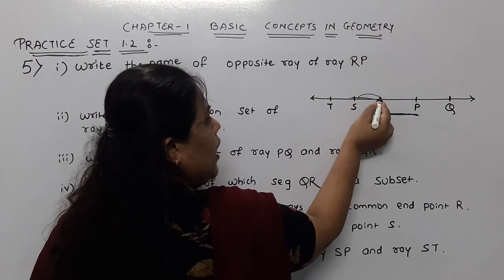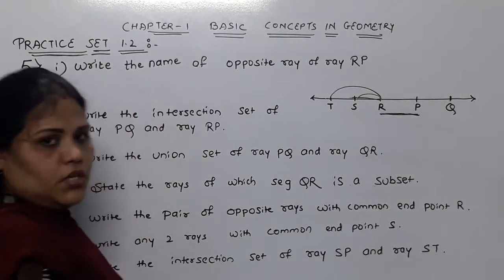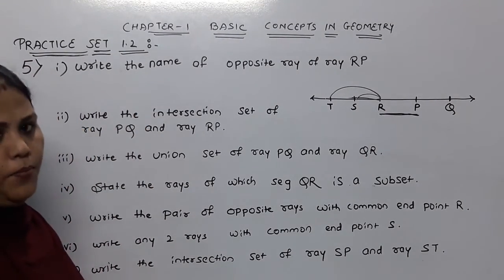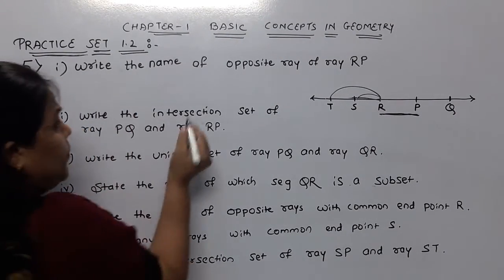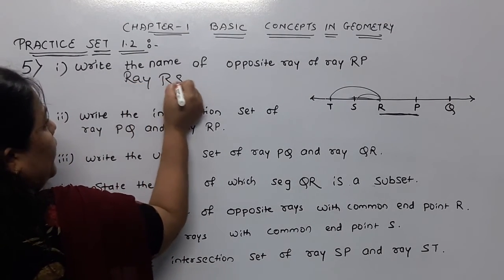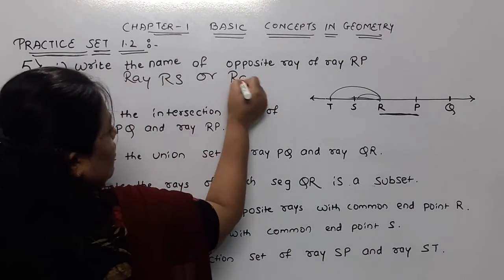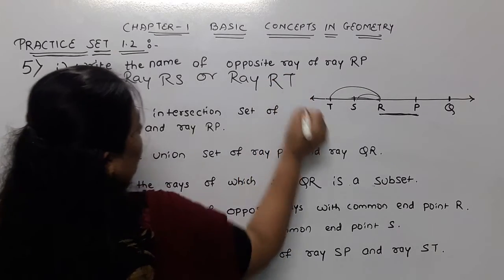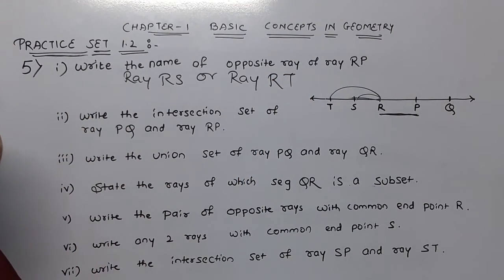RS or RT is the opposite ray of ray RP. So your answer will be ray RS or ray RT are the opposite rays of ray RP.